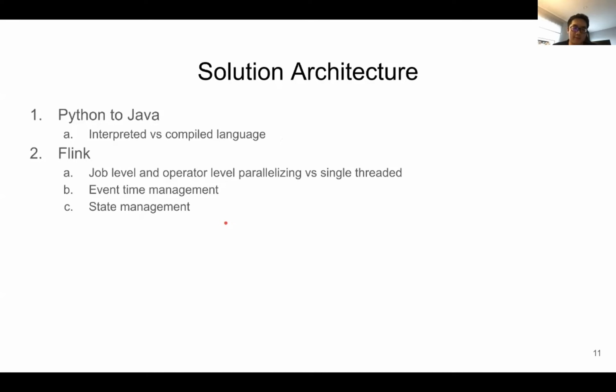We use Flink because it has an extensive set of features that allows us to multi-thread and parallelize jobs within its operators. It also supports a lot of event time management and state management, which allows the data streaming application to maintain state. Essentially, all these utilities help create a very robust data streaming application.